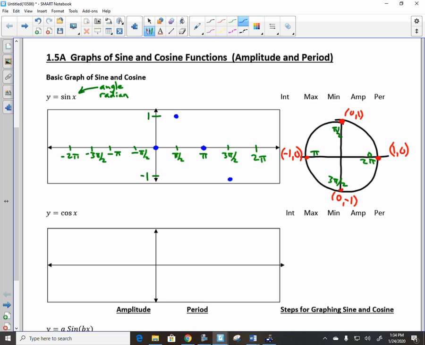At 2 pi, what's the y value? You guys are exactly right. It makes a wave. And I'm going to tell you why this is kind of cool here in a second.